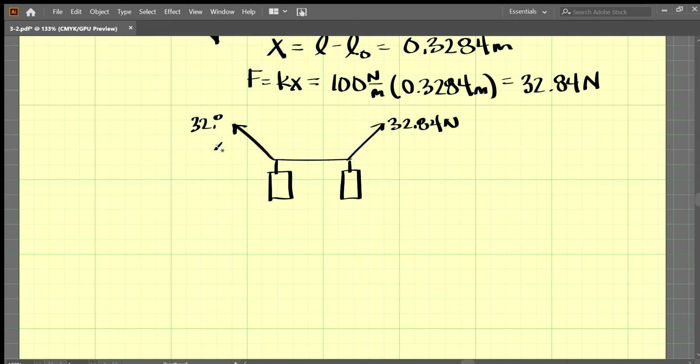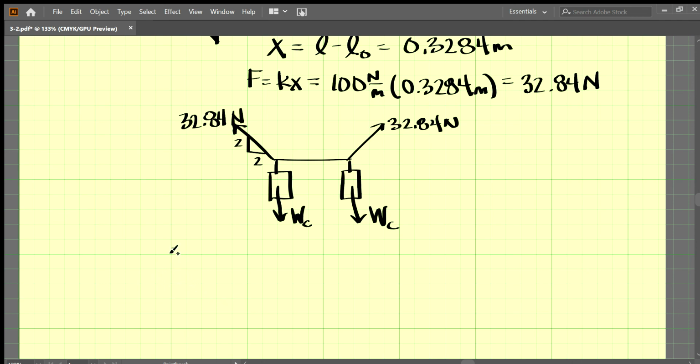Let me write that again: 32.84 newtons. And we have the weight of the cylinders acting downward here and here. Okay, so this is our free body diagram. And we know that this triangle in the stretch position is 2 and 2, because that's just what we drew up top.